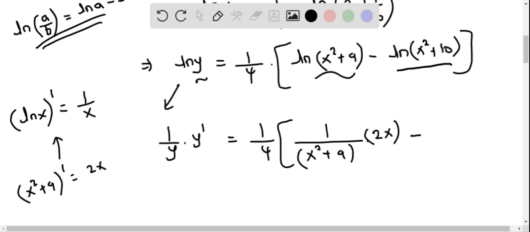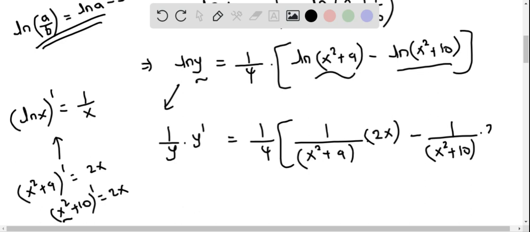We are done with the derivative of the first term. Now let's do the derivative of the second term. Once again, we use the derivative rule of a natural logarithm. So I put 1 over x squared plus 10 times, we apply the chain rule to find the derivative of x squared plus 10, and this equals, once again, 2x, because the derivative of x squared is 2x. So we multiply by 2x here.